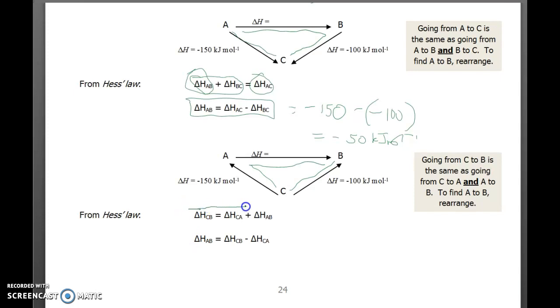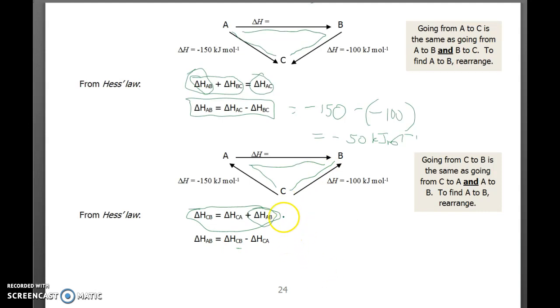So enthalpy change of C to B is equal to the enthalpy change of C to A plus A to B. We are interested in the enthalpy change for A to B, so we rearrange this equation and say that the enthalpy change for A to B is equal to C to B minus C to A.